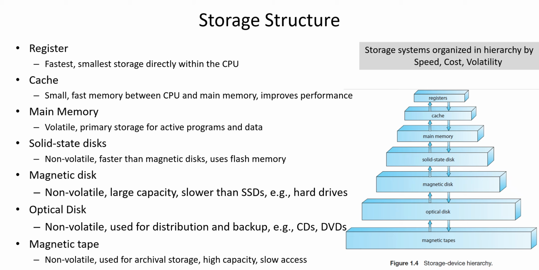It has very high capacity but access is slow. Notice the pattern here. As we move down this hierarchy, storage generally gets slower, cheaper and larger. This is exactly how a storage system is organized, by speed, cost and volatility, forming a pyramid with the fastest, most expensive storage at the top and the slowest, cheapest storage at the bottom.